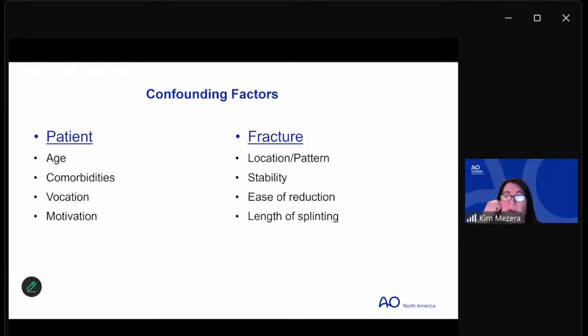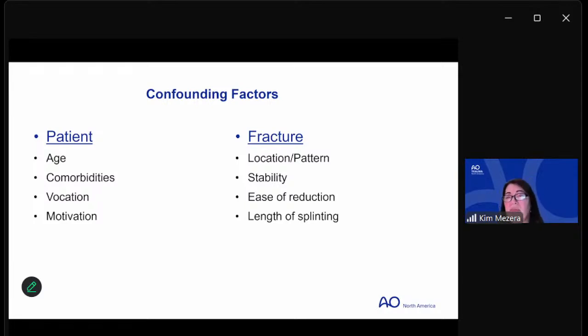There are also confounding factors, in addition to the biology of the healing process, that get thrown in our path. Patient factors include age and comorbidities. Is the patient diabetic, do they have some soft tissue issue, lupus or scleroderma, rheumatoid arthritis?